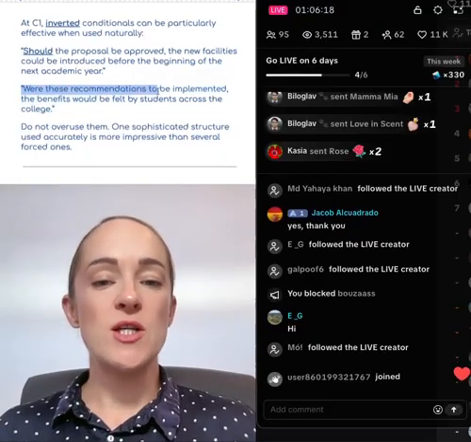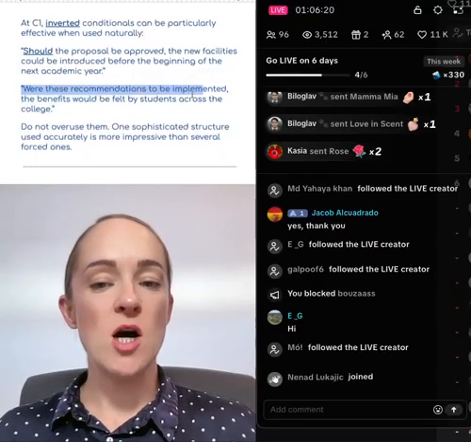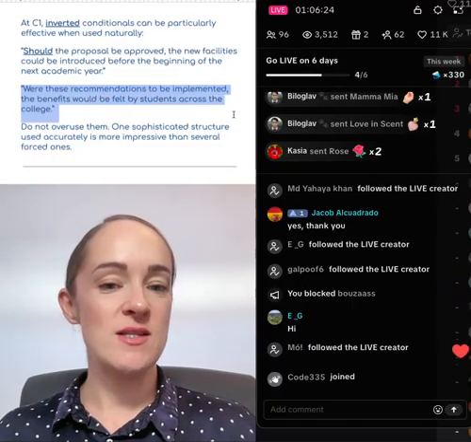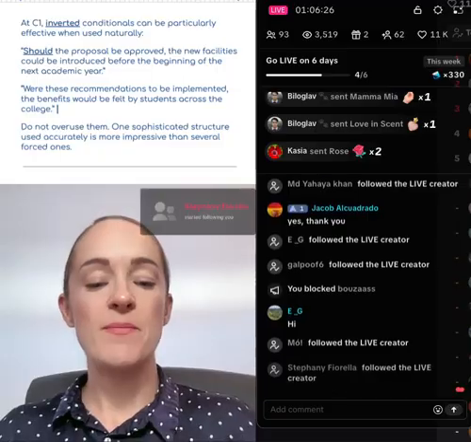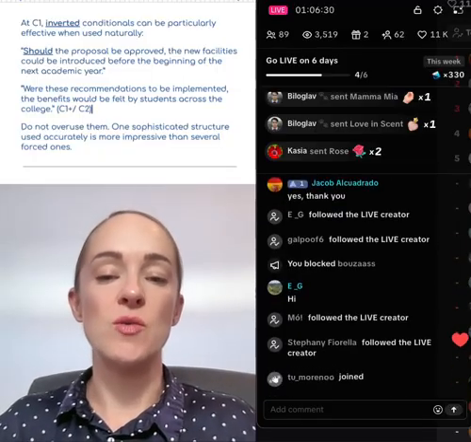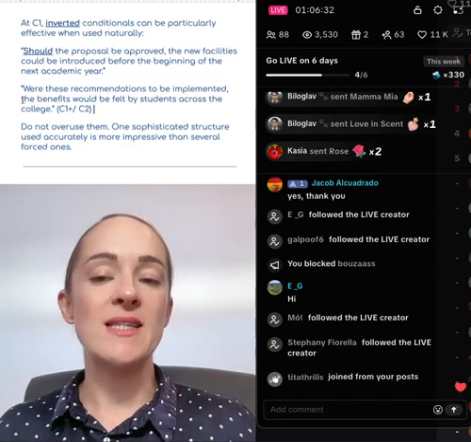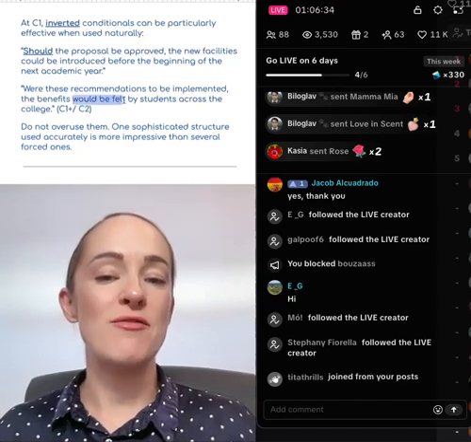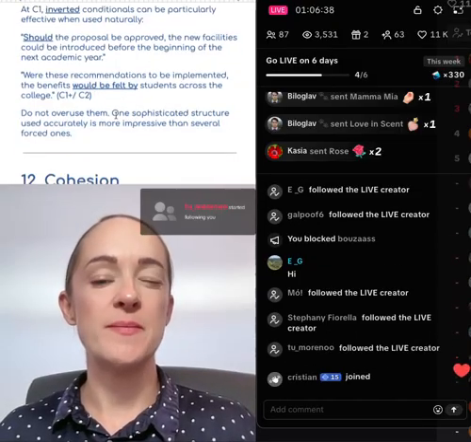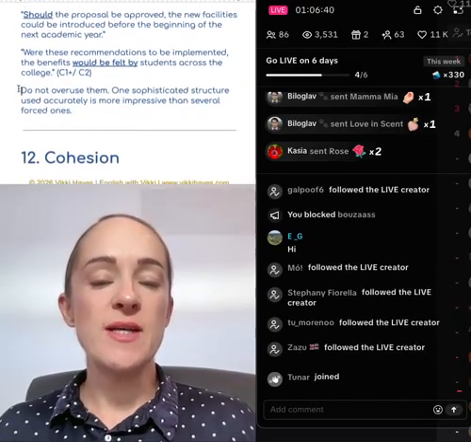Were these recommendations to be implemented, the benefits would be felt by students across the college. Again, this would be C1 plus C2. To say something like the benefits would be felt by, this is very advanced language. Do not overuse them, right?